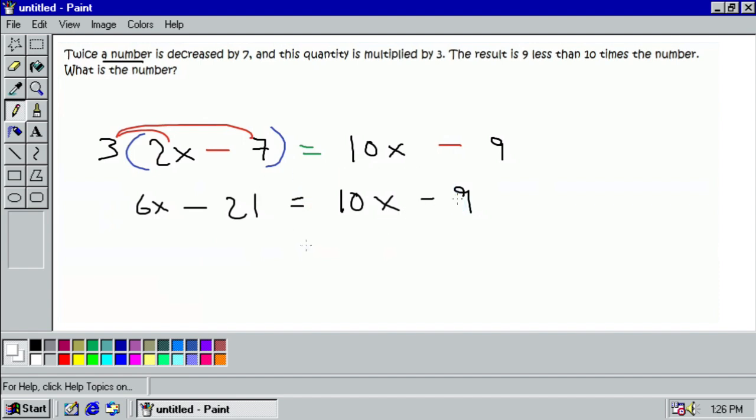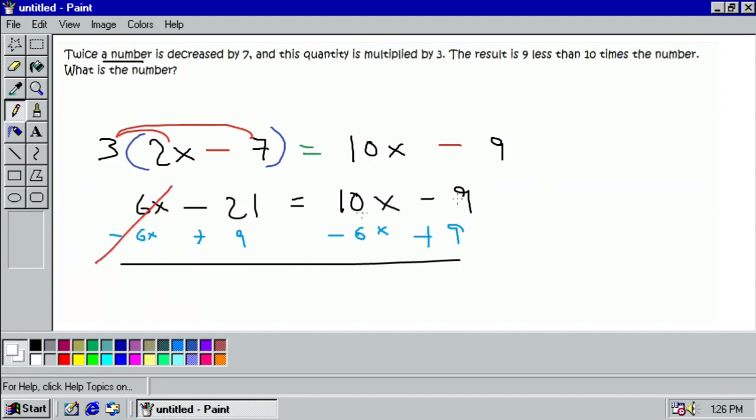So we're gonna subtract 6x on both sides of the equation so that we don't change the value of the equation. And we're gonna add 9. So this will be our x terms now, and this will be our constants. So 6x minus 6x cancels because that adds to 0, and same for the other side.